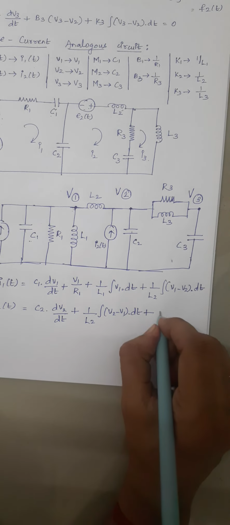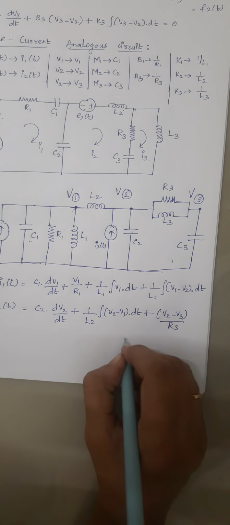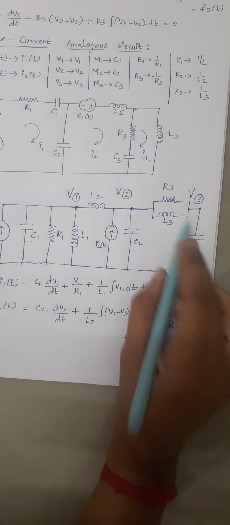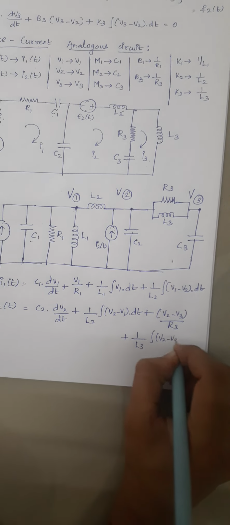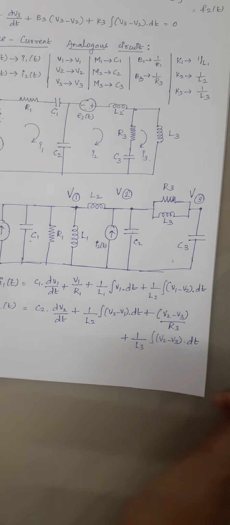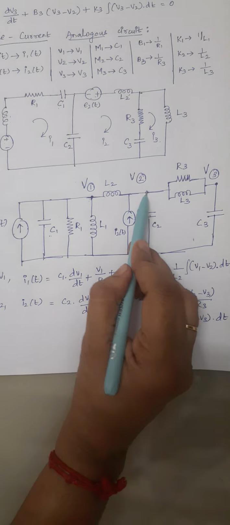So R3. In this R3 we have to write it as V2 minus V3 by R3, plus again the current flowing through this L3 is given by 1 by L3 into integral of V2 minus V3 into dt. This is our nodal equation for node 2.